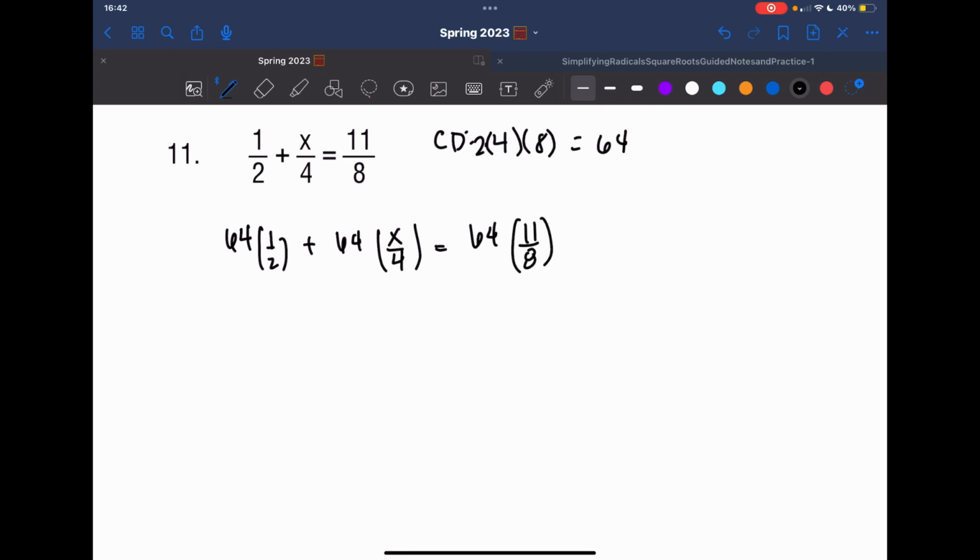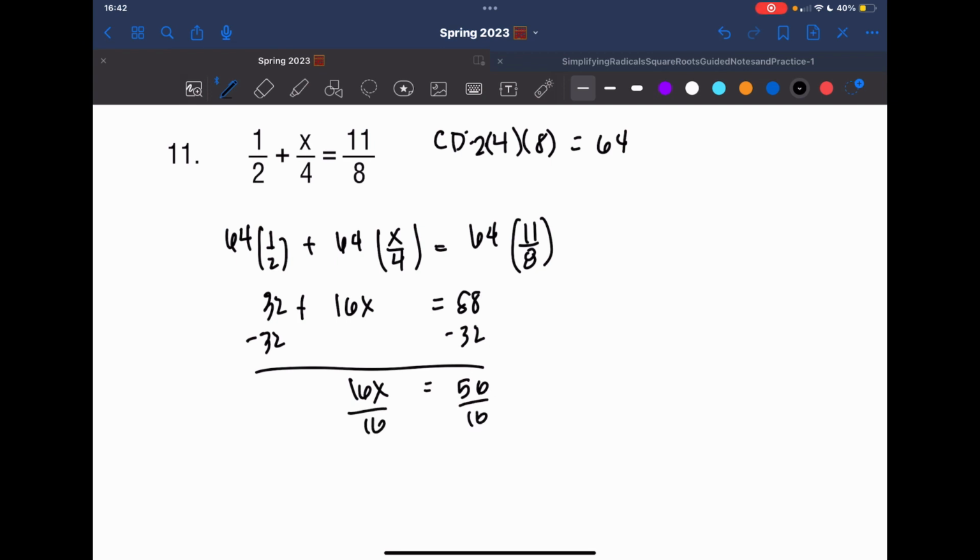So then from here, I'm going to get 32 plus 16x equals 88. Minus 32, minus 32. 16x equals 56. Divide both sides by 16. So for number 11, the answer reduces to x equals 7/2.